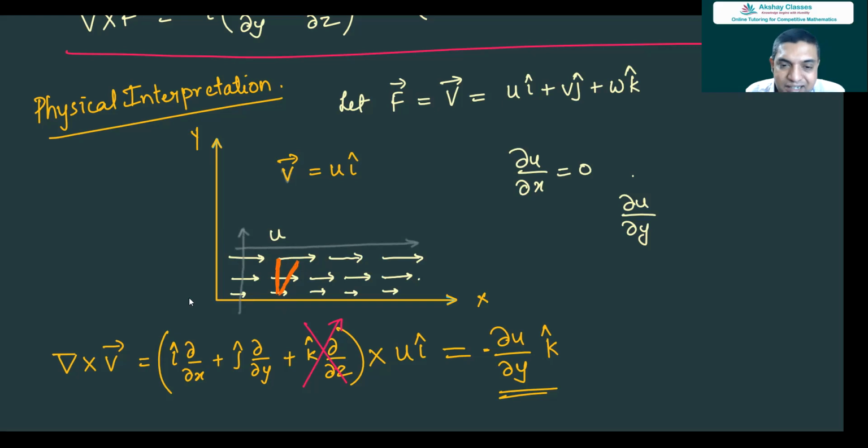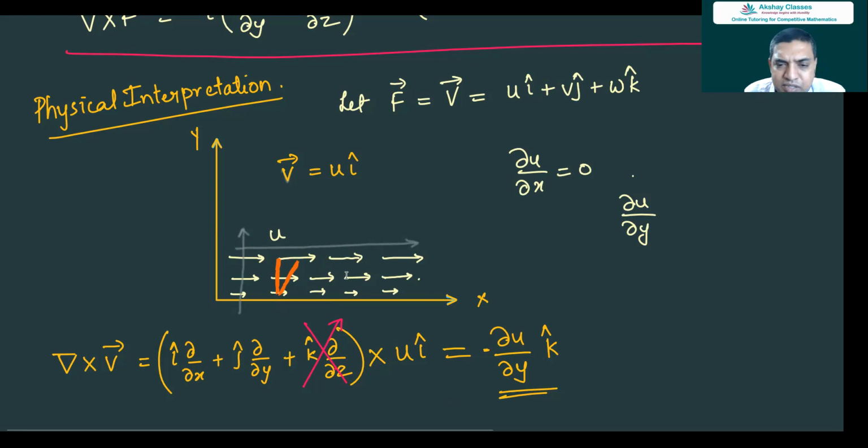So curl gives that amount of rotational effect of the vector field at that point. That means if I put a matchstick there, how does it rotate? That gives me the idea of curl.